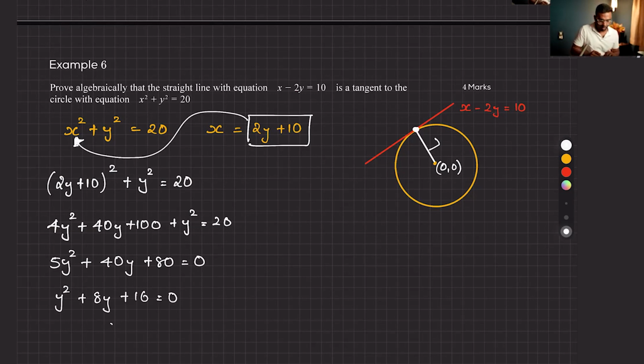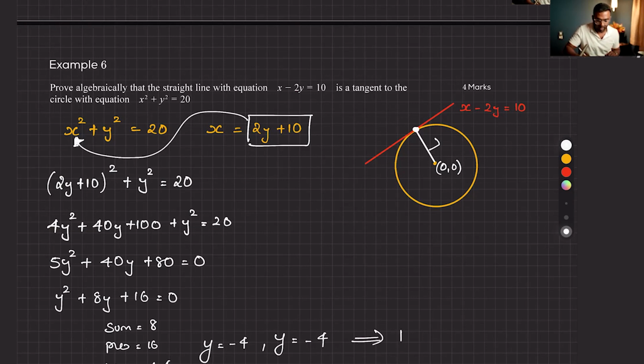And when you work out, guys, the sum is 8, the product is 16, numbers are going to be 4 and 4. So this means the value of y must be minus 4, and the value of y must be minus 4. Don't you think so? Did you guys understand what I did?